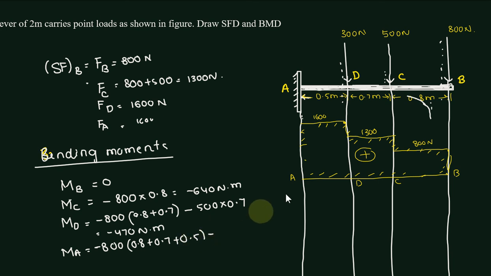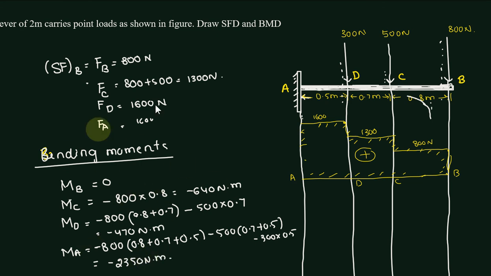Minus another 500 into the distance up to A, minus 500 into 0.7 plus 0.5. Again minus 300 into 0.5, the distance up to A. So we will get minus 2315 Newton meter.